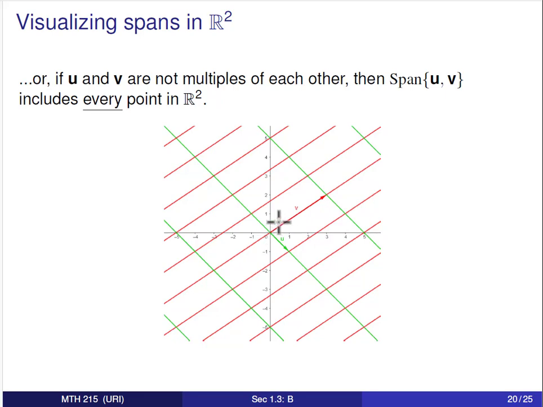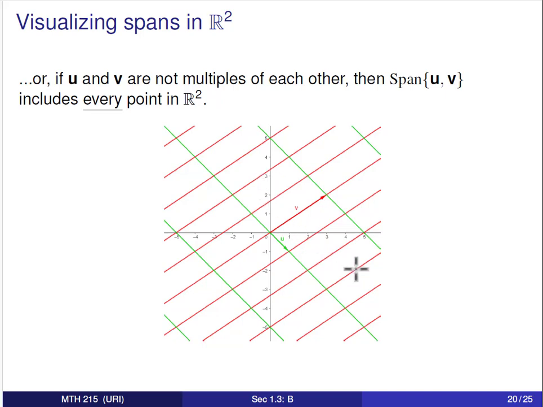If I were to travel along v about this far, so maybe 2/3 of v, and then walk backwards in the direction of the green arrow, I could hit the point (0, 3). So there is an amount of v and a negative amount of u that I can add together to get the point I desired.